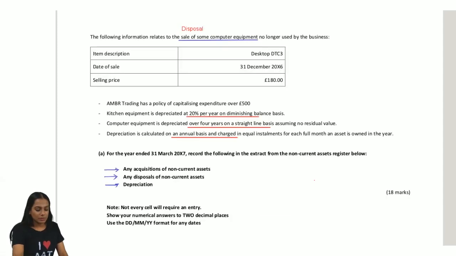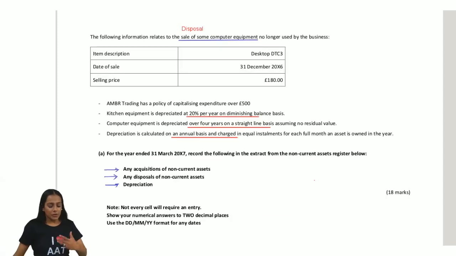Going back to the previous page, you can see the following information relates to the sale of some computer equipment. So you have done a disposal. The item description is desktop DTC3. The date of sale is the 31st of December 16 and the selling price is £180.